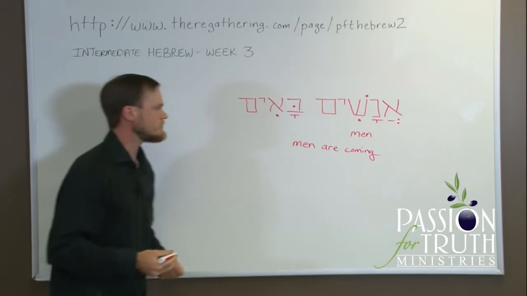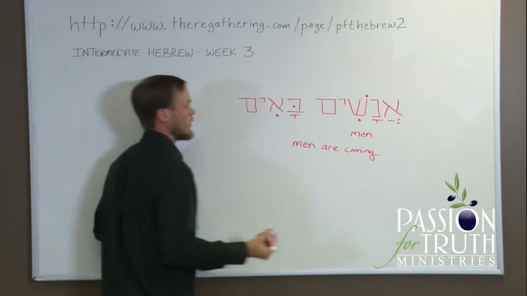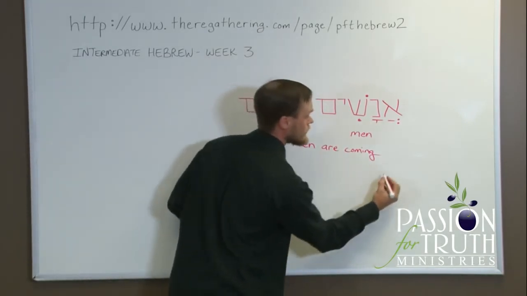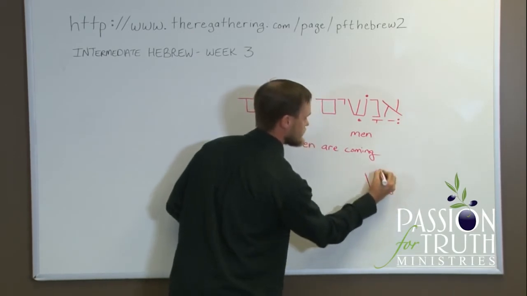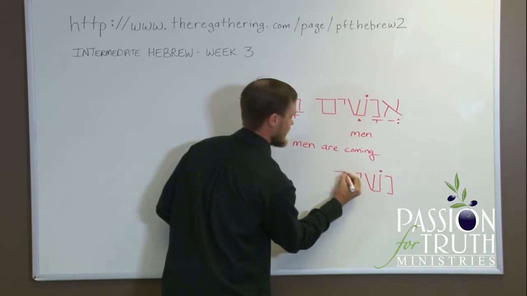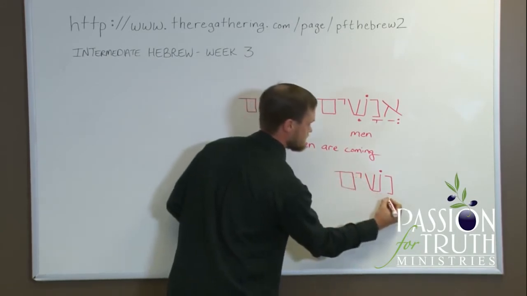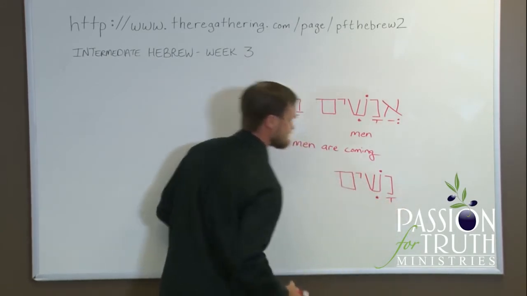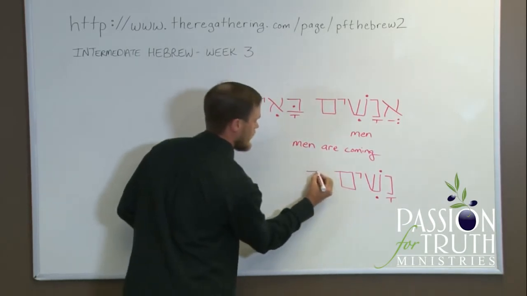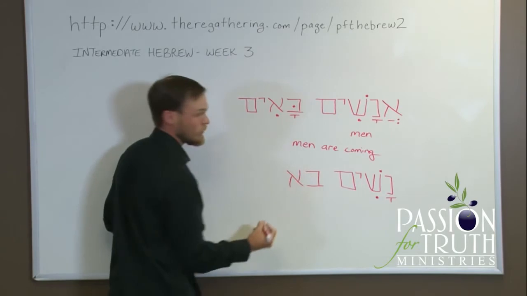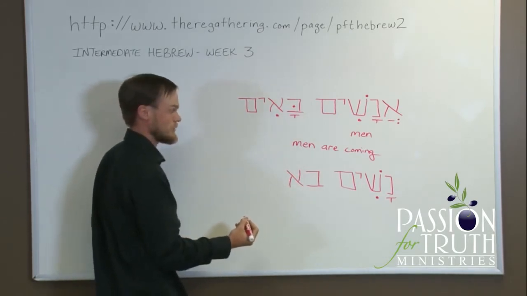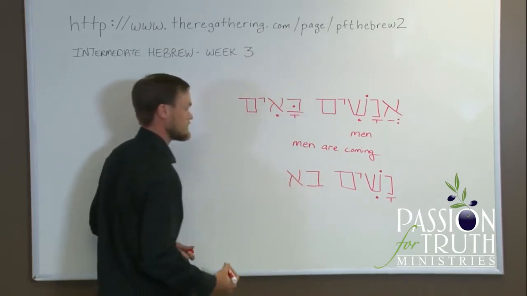Okay? And if women were coming, or are coming rather, we have an irregular plural. Isha becomes nashim. And we need a feminine plural verb now to depict the actions of nashim.